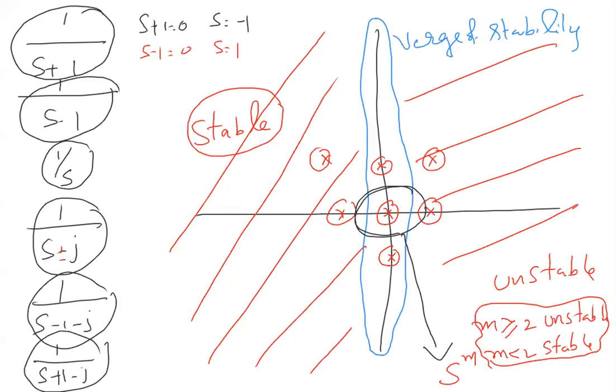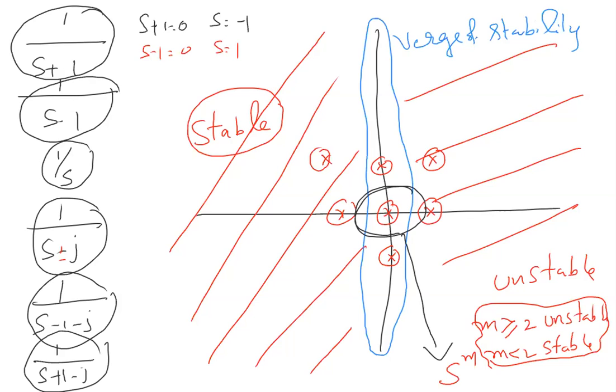So how do you know whether my control loop is stable or unstable? Take the denominator of the transfer function, equate it to 0, and find the roots.